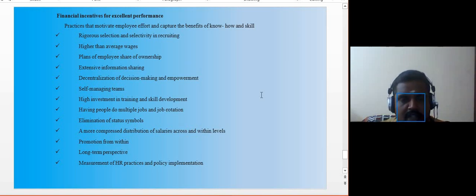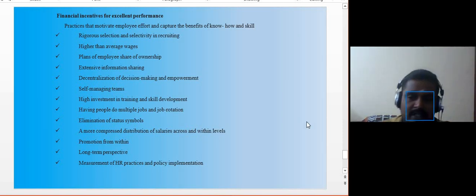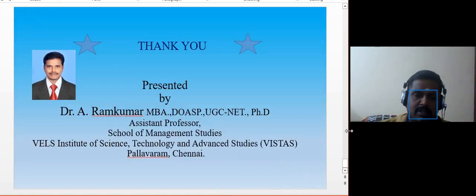So: higher than average wages, plans for employee share ownership, extensive information sharing, decentralized decision making and empowerment, self-managing teams, having people do multiple jobs and job rotation, elimination of status symbols, promotion from within, long-term perspectives, and other ways. So these are all the HR practices we must follow in the particular units, right?